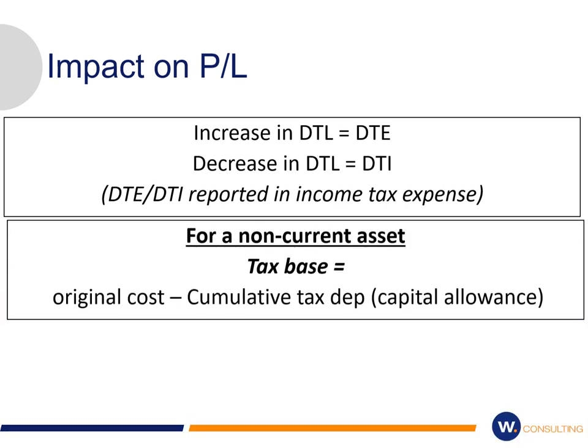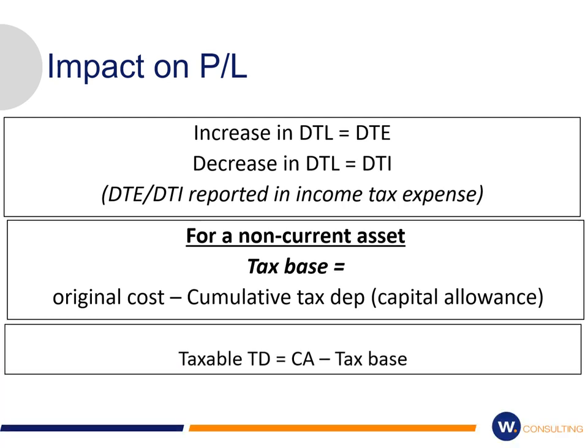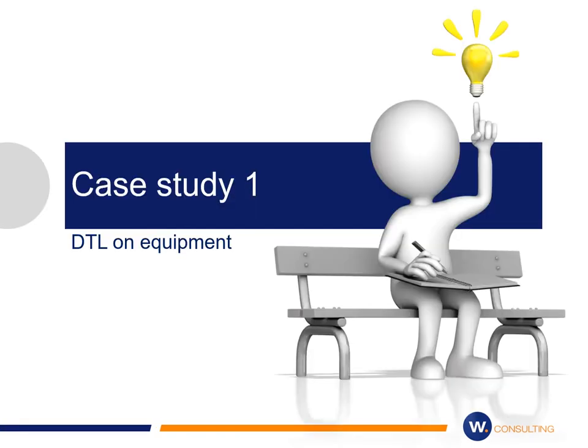For a non-current asset, the tax base is equal to the original cost less cumulative tax depreciation, in other words, the capital allowance that has been allowed for tax purposes. The taxable temporary difference is the carrying amount less the tax base.